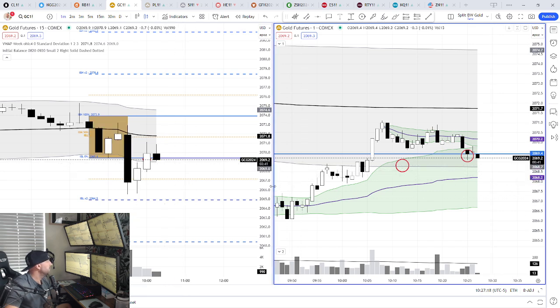All right, we're hovering right above this IB low in gold. Now we're below it again. We're actually around settlement in gold as well.